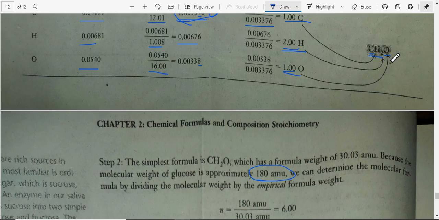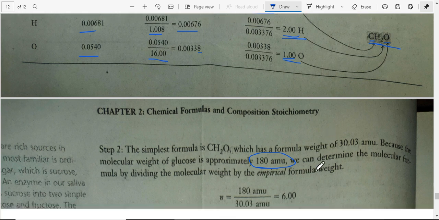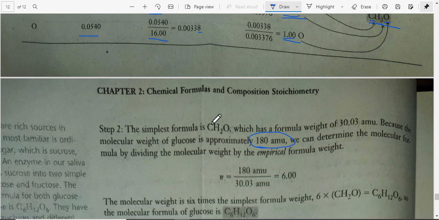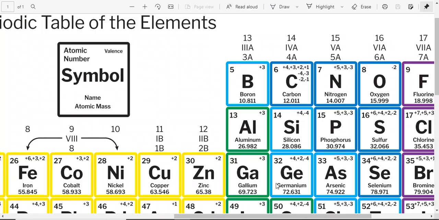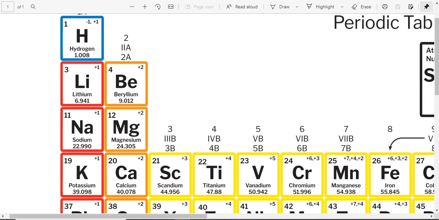You have here 12 plus 2 for the two hydrogens, plus 16 for the oxygen. So 16 plus 12 is 28, plus 2, we will have 30, or close to 30, rounded to the whole number.